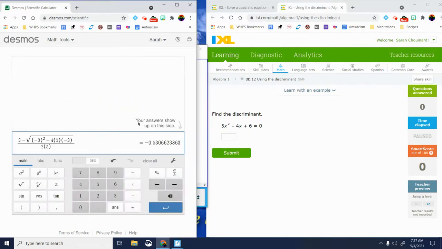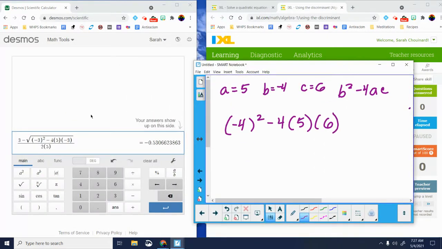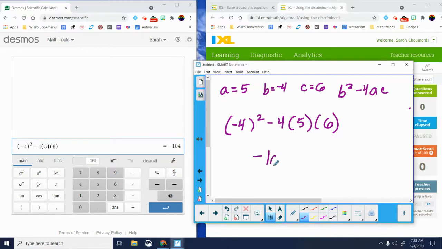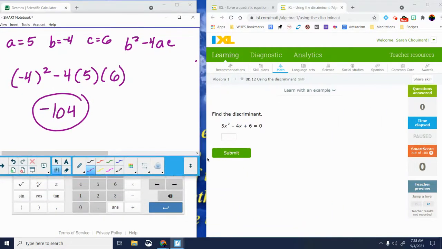I can plug that into my calculator, and it gives me negative 104. So the value of the discriminant, which is what this question's asking, is negative 104. That tells me that this quadratic has no real solutions.